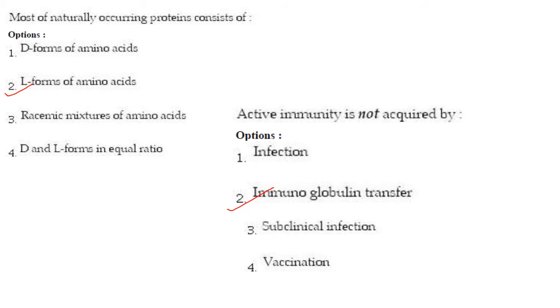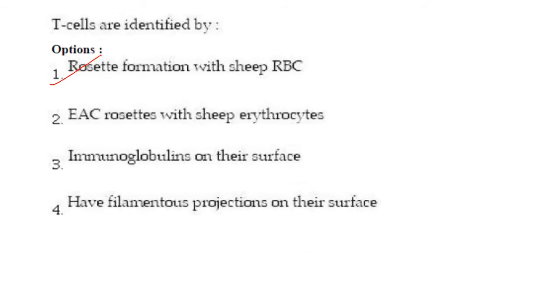Answer is option 2 L forms of amino acids. Next one. Active immunity is not acquired by option 1 infection, 2 immunoglobulin transfer, 3 subclinical infection, 4 vaccination. Answer is option 2 immunoglobulin transfer.